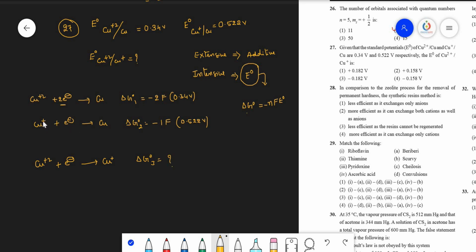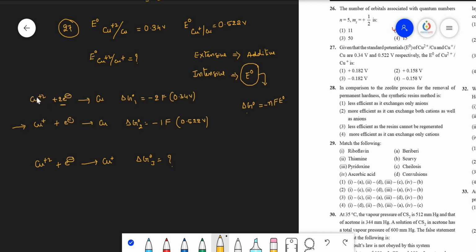In the second reaction, Cu plus is on the left hand side, but in the target equation it is on the right hand side. So you need to reverse this equation. In this sense, you have to subtract the delta G0 2 value of the second equation from the first equation.